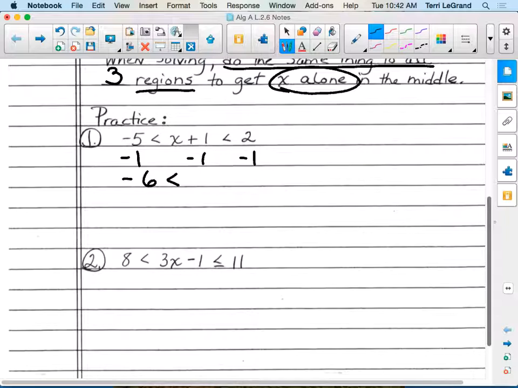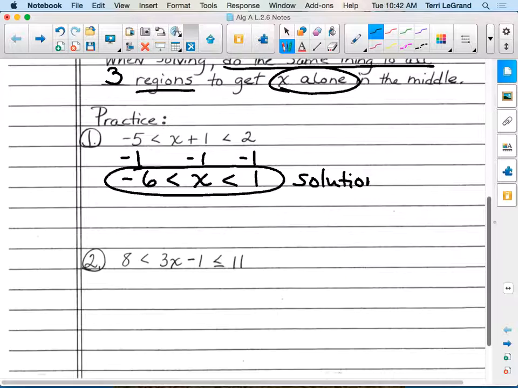We didn't do any multiplying or dividing, so we don't have to worry about switching the symbol. x is now by itself, is less than. What's on the other side? 1. Right now, you can circle this. This is our solution. x is by itself.